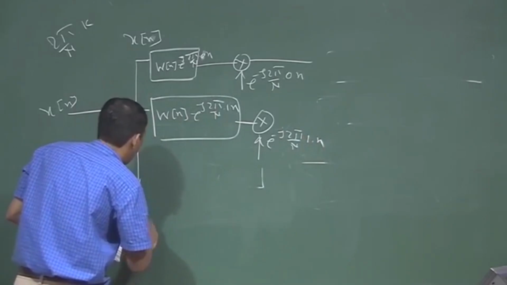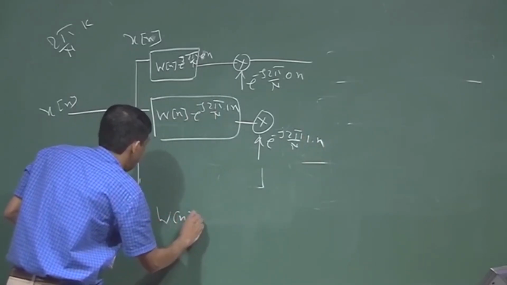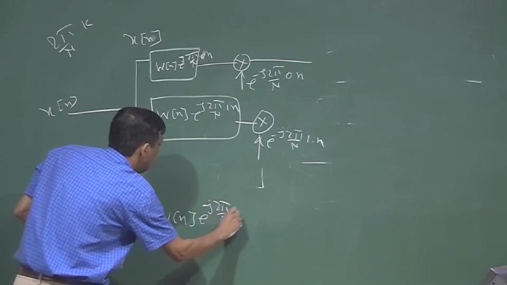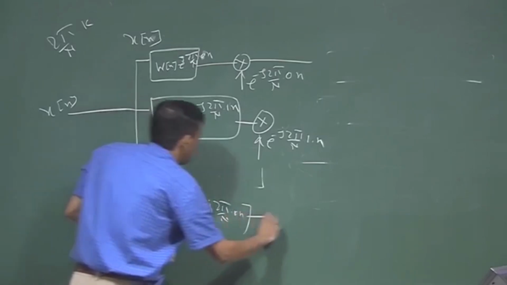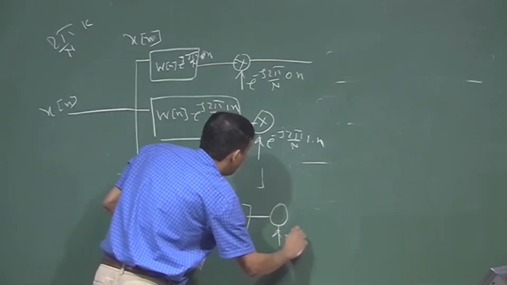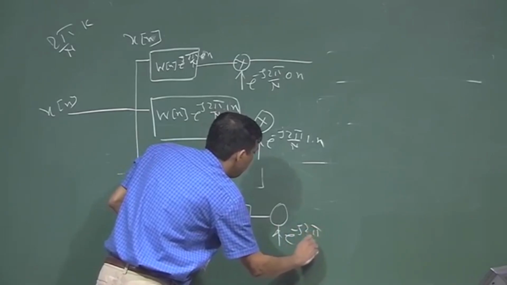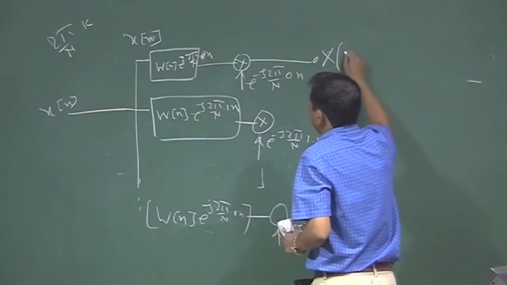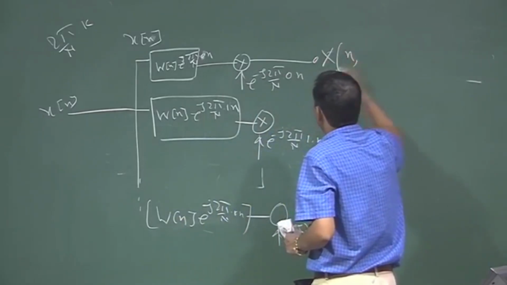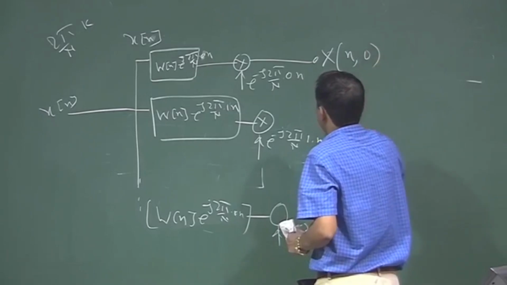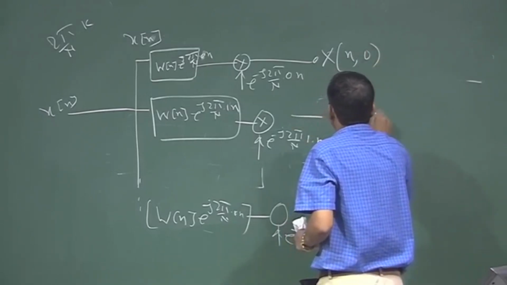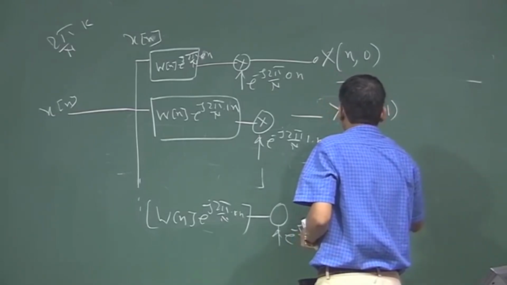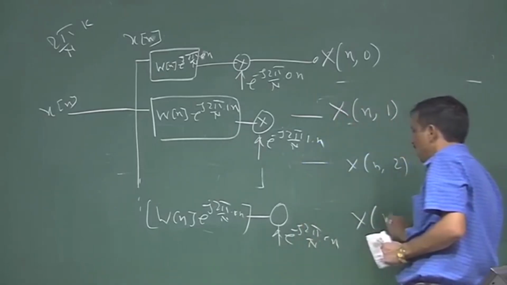So, dot dot dot, I can write w[n] e to the power j 2π/N into kn, multiplied by e to the power minus j 2π/N into kn. Each output is nothing but x of the nth instant with 0 frequency. This is the output of x at the nth instant with k equal to 1, then x[n, 2], then it is nothing but x of n, k.